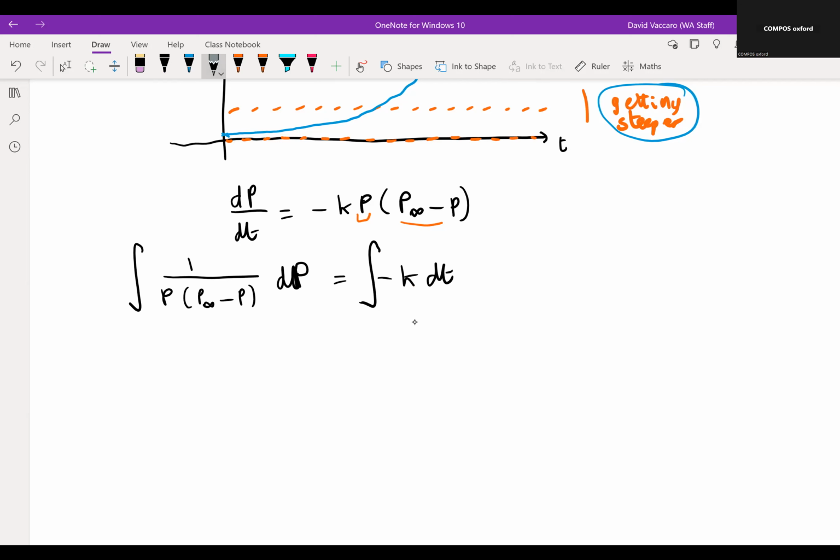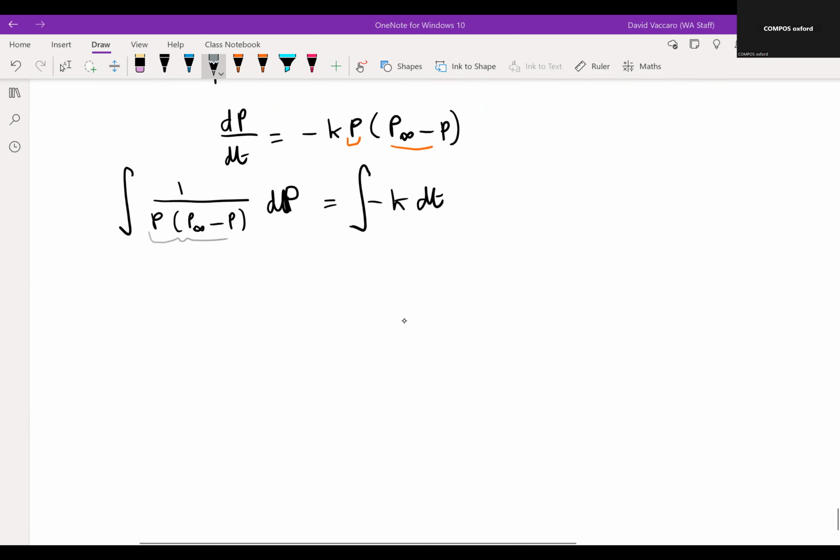Right. Suggestions for how to integrate here. Okay, in the chat, partial fractions, excellent. So let's try and split it into partial fractions. So we want constants a and b.